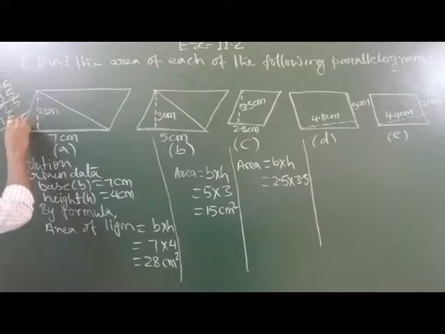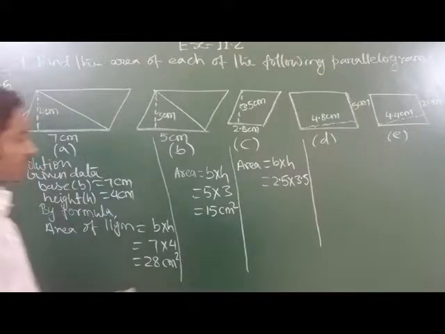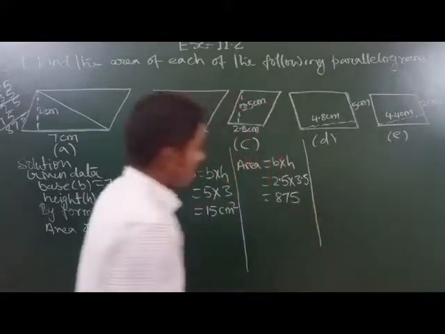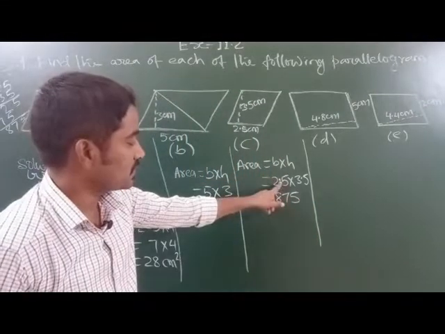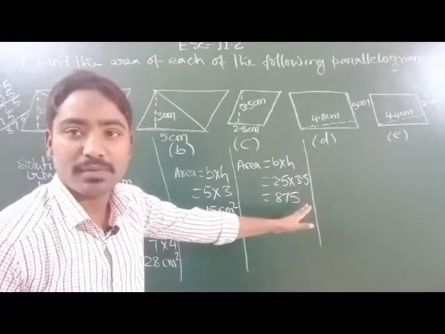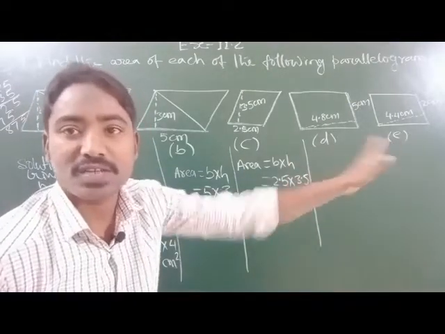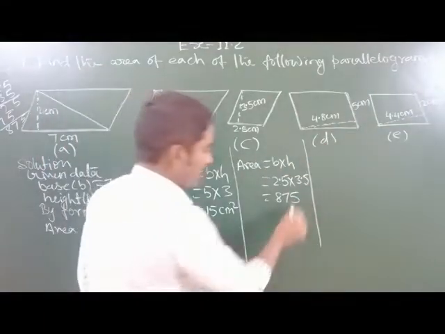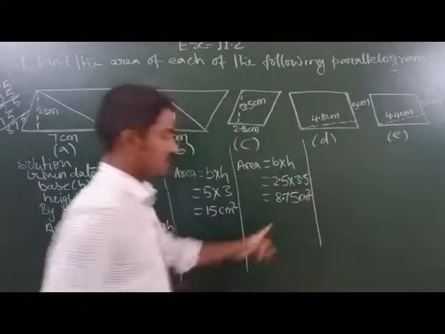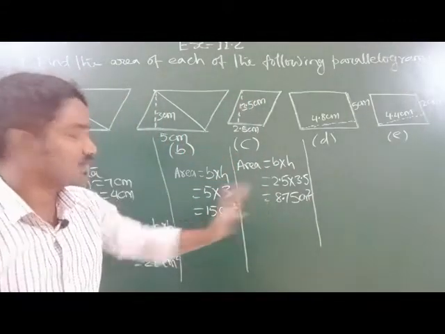So we will get 875. Now there is one digit after the decimal here, and one digit after the decimal here. So in the result we will put the decimal after 2 digits, counting from the rightmost part, 1, 2, here put the decimal, and then centimeter square. This will be the area of this C parallelogram.